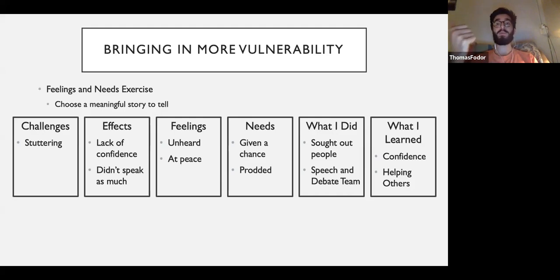First, I needed to be given a chance to express myself, but I also needed to be challenged, to be pushed out of my comfort zone. What did I do? I sought out people that I felt comfortable with, and I talked to them, but I also joined my school speech and debate team. What did I learn through this process? Confidence and helping others. So you have this entire process.